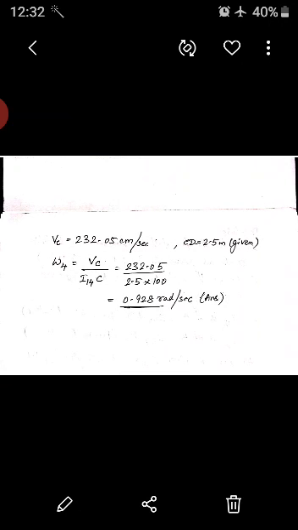Vc is 232.05 centimeter per second. And what is the length of link CD given? It is already given as 2.5 meters in the problem. So in my figure, it will be 2.5 centimeter. If you multiply with scale, then only you will get the original dimension. So omega 4 is Vc divided by I14C. How did you write this formula? Link 4 has two ends, C point and D point.